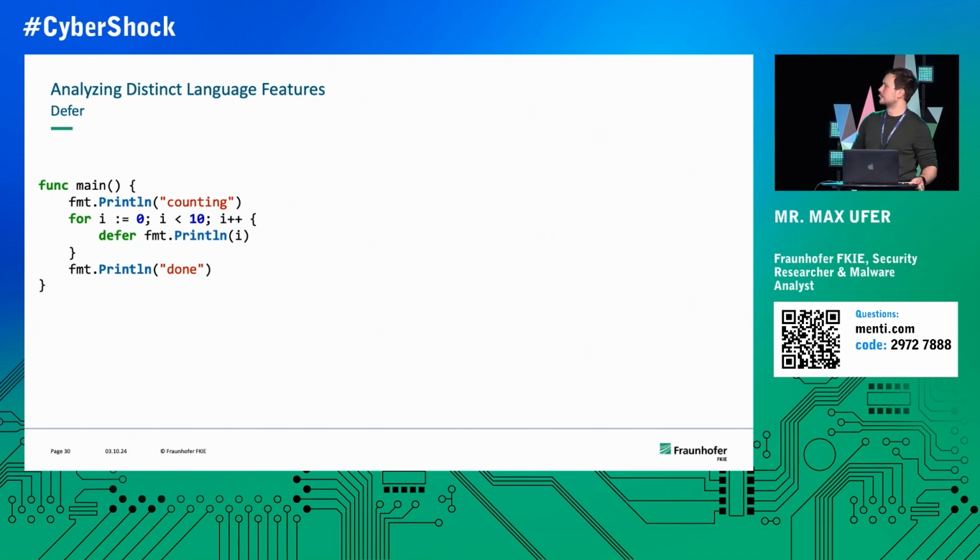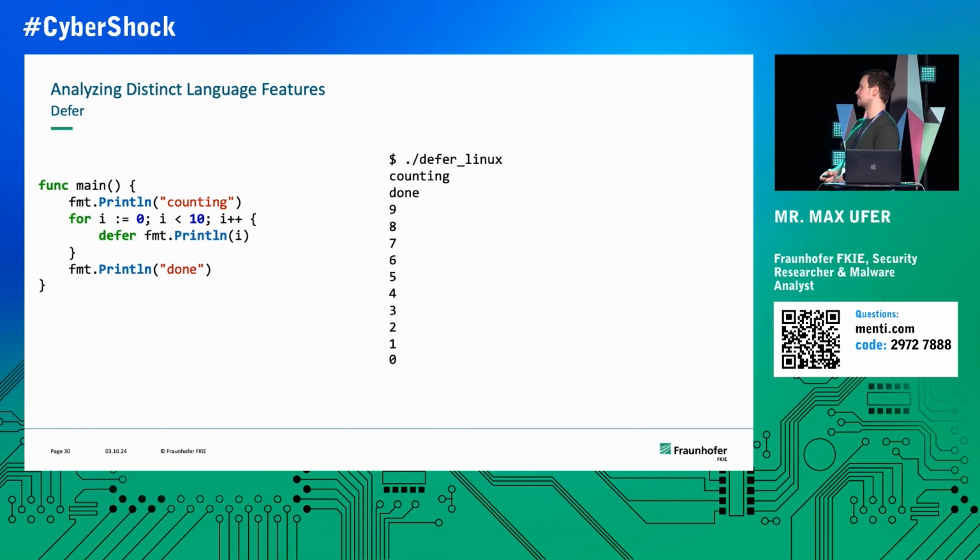This program, which just calls print line with a defer keyword 10 times, internally creates a stack where all of these function calls are placed, and then at the end they are handled in reverse because it's a stack. So the output of this would be the reverse counting from 0 to 9.